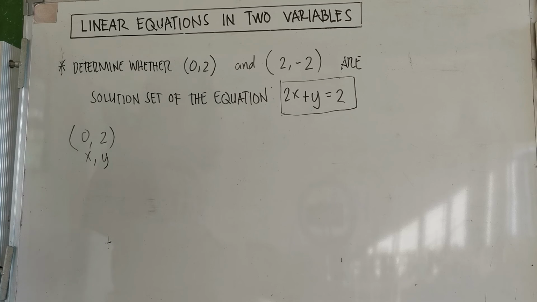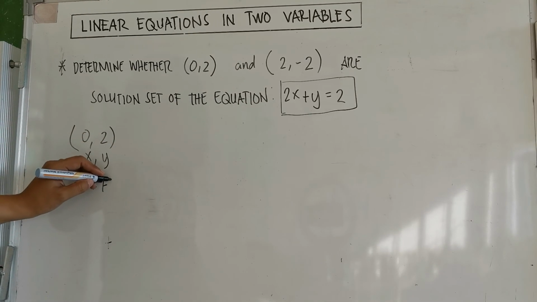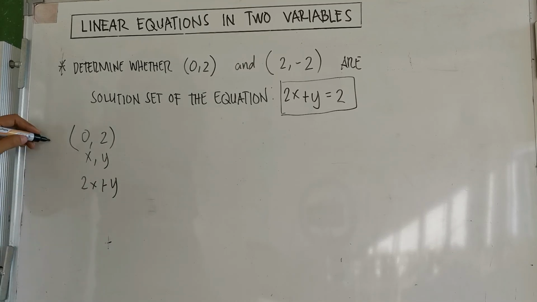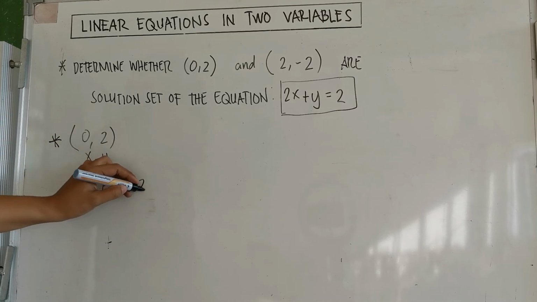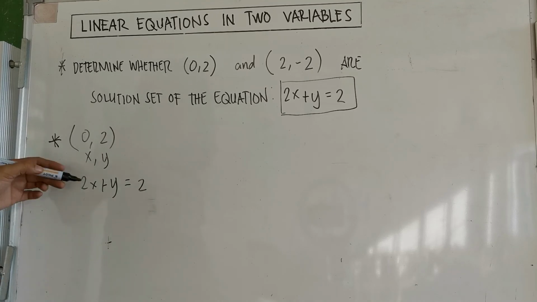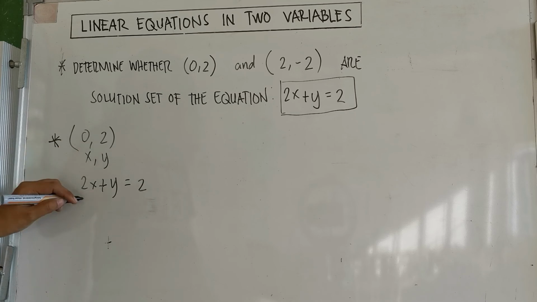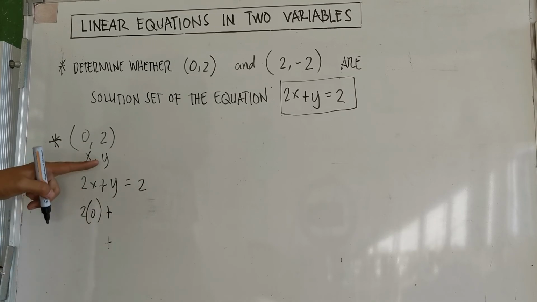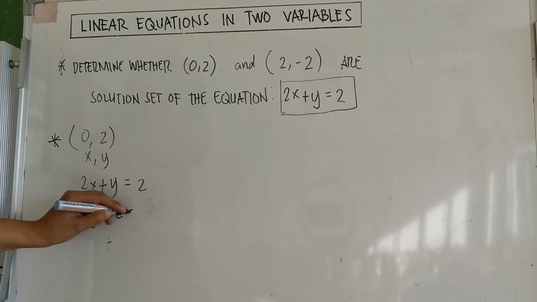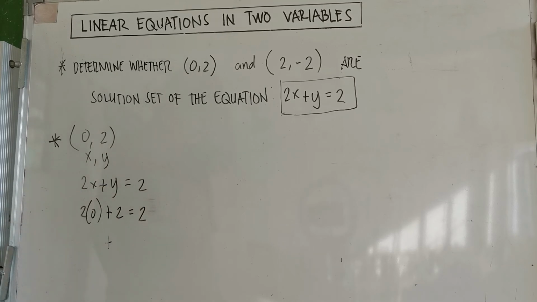Okay, to evaluate, sulat lang natin yung ating equation, which is 2x plus y is equal to 2. Then, substitute lang natin yung values ng ating x and y. So, for our x, we have 0. So, 2 times 0 plus yung ating y ay 2 is equal to 2.